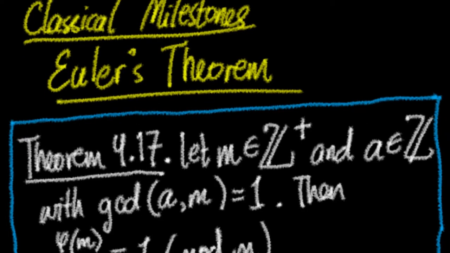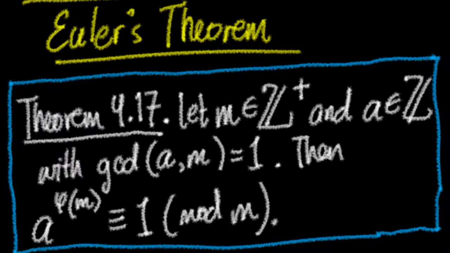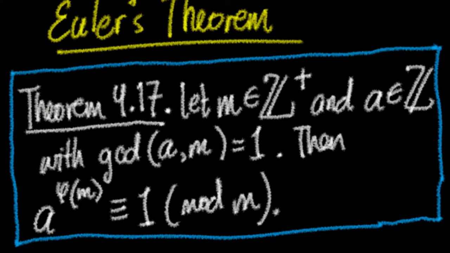Now we are ready to formally state the theorem itself. By Theorem 4.17, let m be a positive integer, and let a be any integer, let it be positive or negative, with the GCD of a and m to be 1.